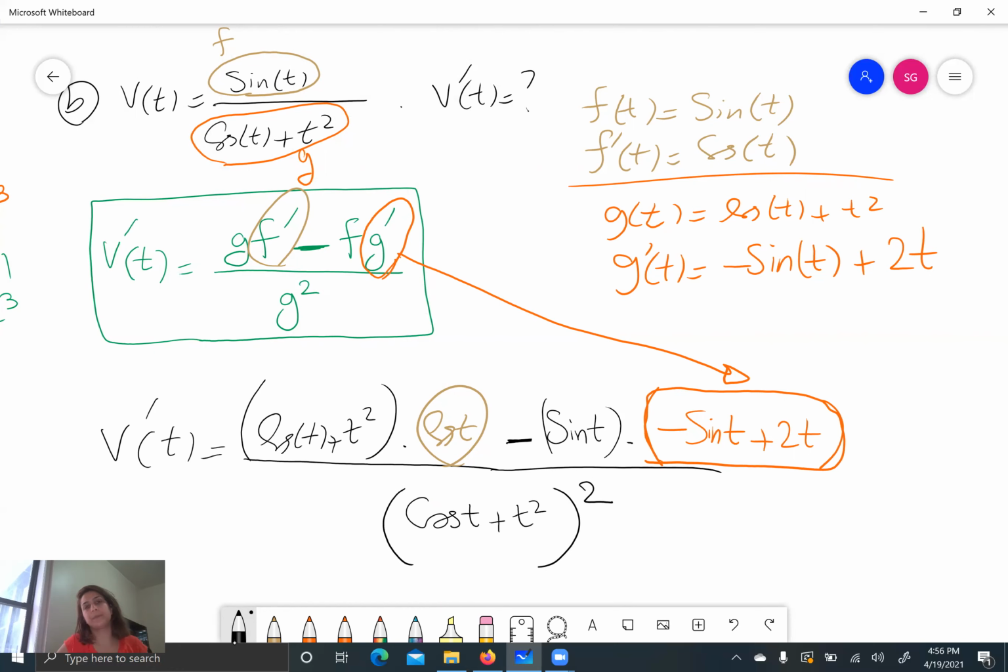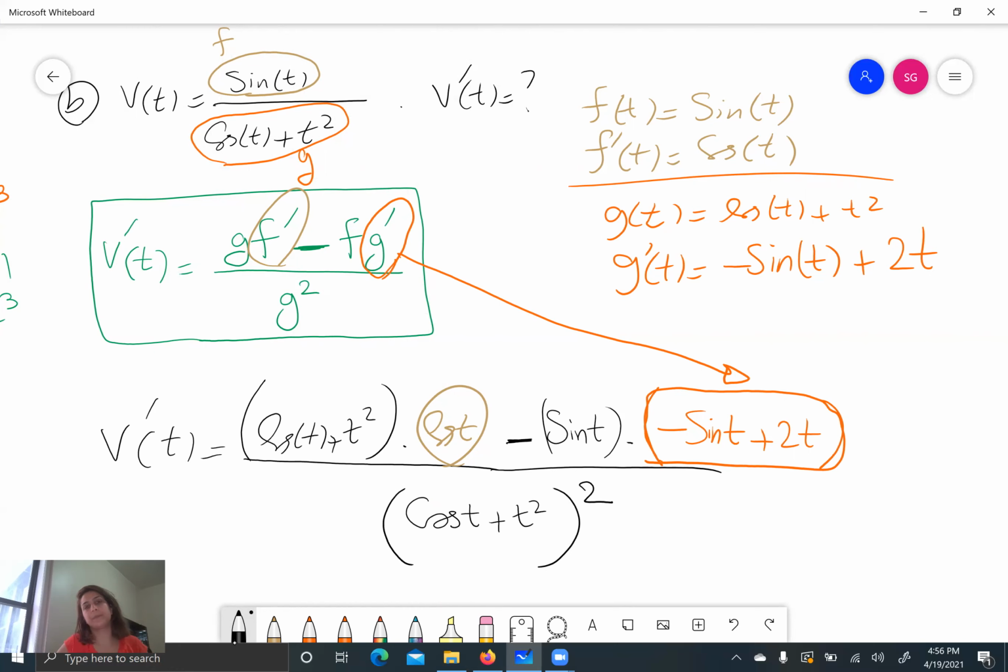On top, I have cosine of x plus 2 times 2x. Negative times negative gives me positive x squared times sine of x. Okay, that's it. So this is the derivative of this function. In this example, you saw that basically we are not doing anything new. We are just combining what we learned.